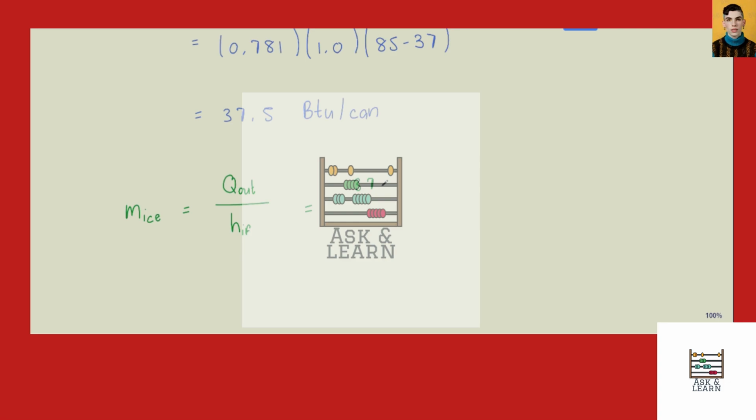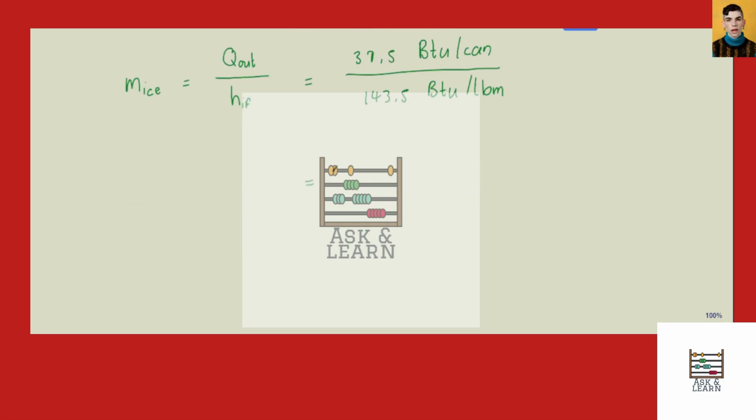So this is 37.5 BTU per can over the heat of fusion for water, 143.5 BTU per pound. And so we get the mass of ice that needs to melt per can of drink to change the temperature by this amount is 0.261 pounds.